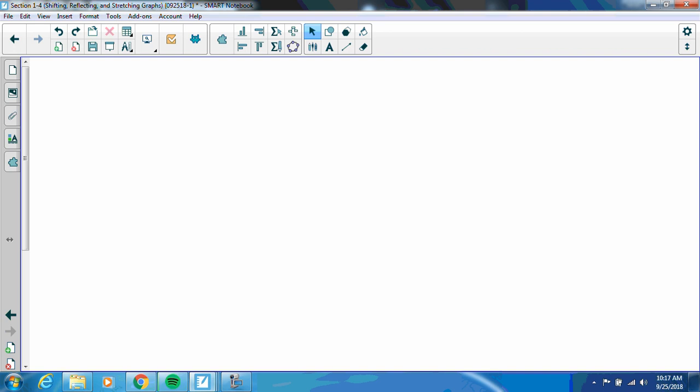And then, now, on 1 through 11, it has you use a graphing utility, yes? You can use Desmos for that. Or you can use your graphing calculator if you know how to use it. It doesn't say graphing calculator in the book. It says use a graphing utility. Desmos qualifies as that graphing utility.